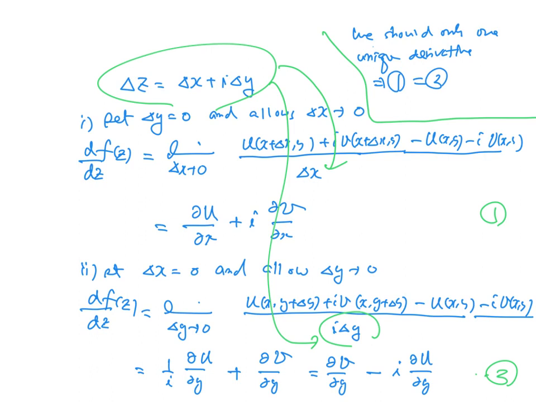So this has to be the same as this, and this has to be the same as this. So partial u over partial x equals partial v over partial y, and partial v over partial x is minus partial u over partial y. That's the condition for the derivative to exist.